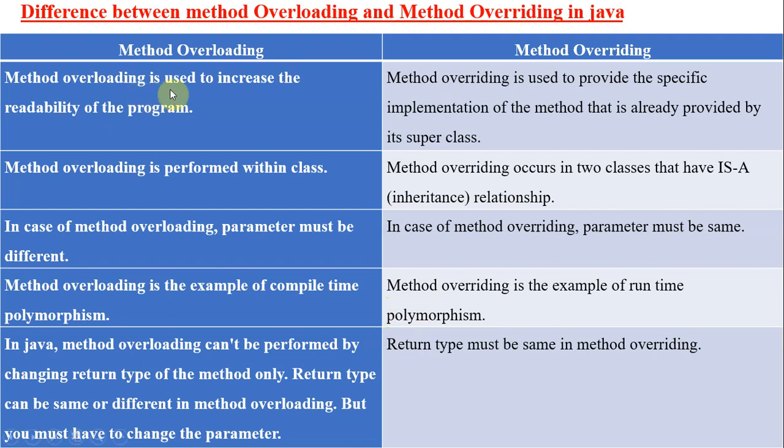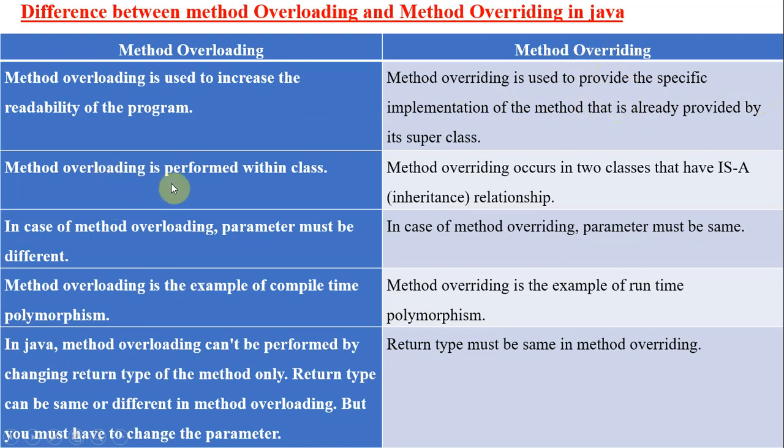Method overloading is mainly meant to increase the readability of the program, whereas method overriding is used to provide a specific implementation, so different definitions for a method happen in method overriding.